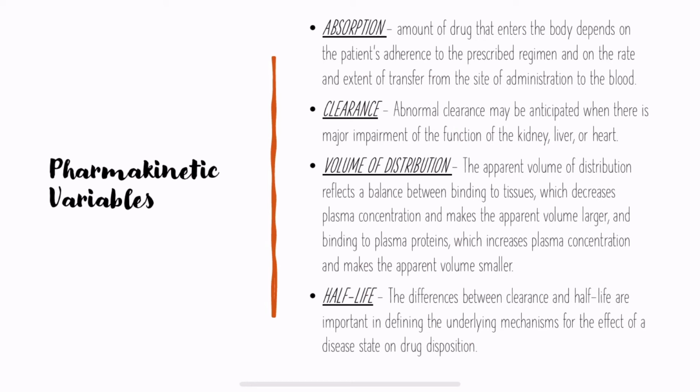Volume of distribution: the apparent volume of distribution reflects a balance between binding to tissues, which decreases plasma concentration and makes the apparent volume larger, and binding to plasma proteins, which increases the plasma concentration and makes the apparent volume smaller. Half-life: the differences between clearance and half-life are important in defining the underlying mechanisms for the effect of a disease state on drug disposition.